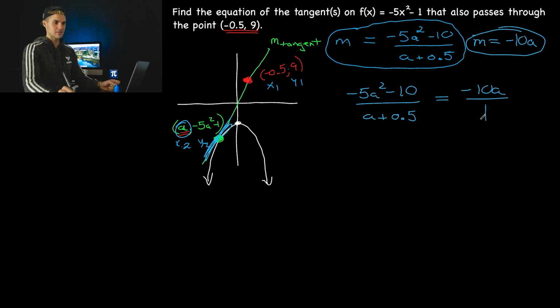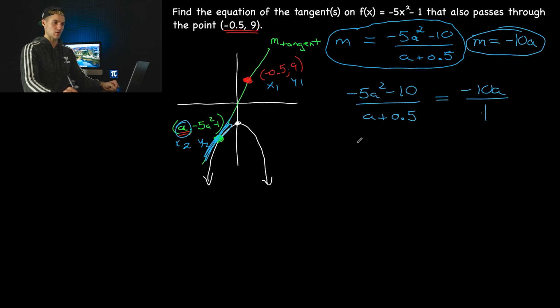Okay, this negative 10a, let's put over 1 because I'm going to end up cross multiplying here, right? Both of these represent the same slope, so we can make both of them equal. And now we could solve for the a value that's going to make both of these equal. To do that, we could just cross multiply.